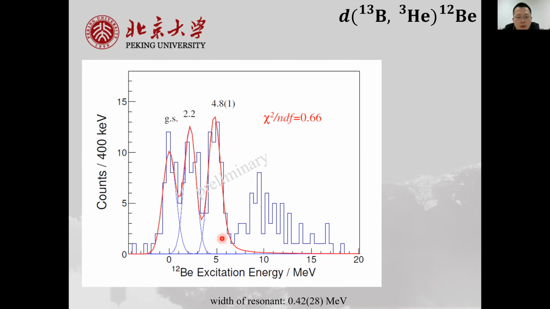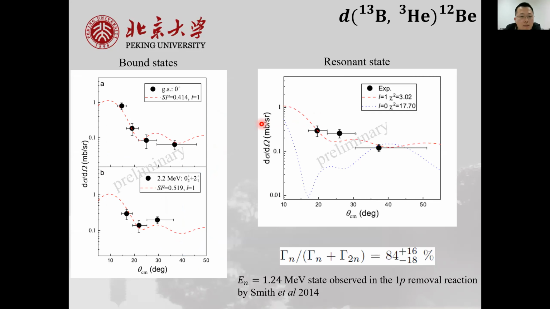The width of this peak is determined to be 0.42 MeV. Previously, in a proton knockout reaction, they also observed a resonance state around 4.7 MeV. This might correspond to that resonance state.